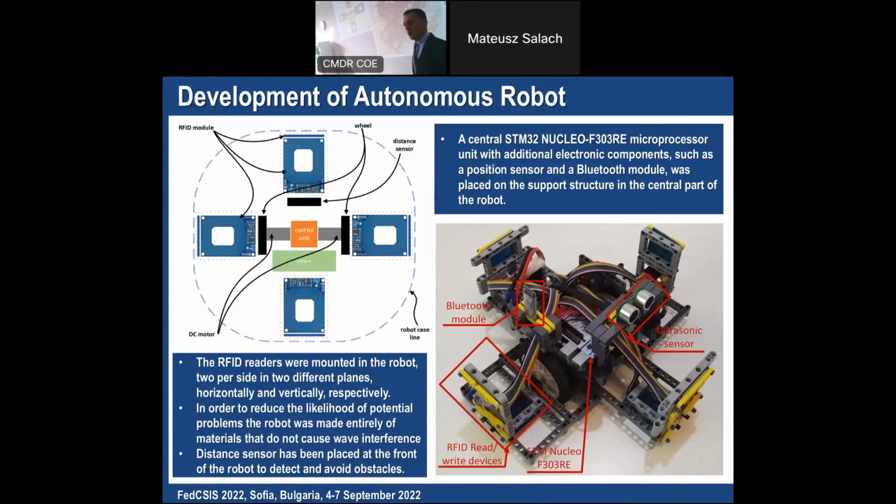Let's start with the robot. In our research, we made a robot prototype, which, as you may see, contains 4 reader-writer devices. By using 4 of them, we benefit in 2 ways. The first one is, of course, we can communicate with multiple transponders at a time.